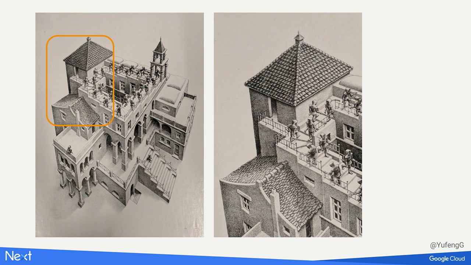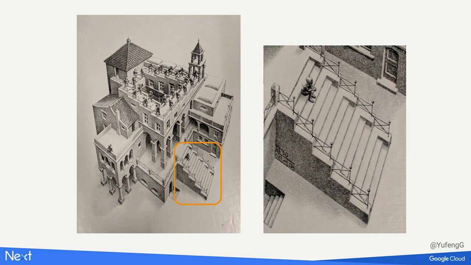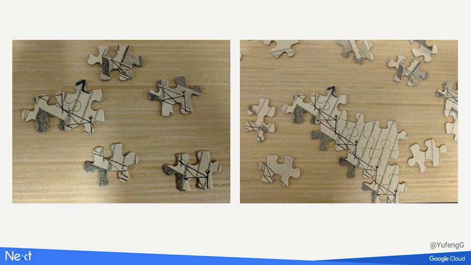I can go and find the pieces that look like this pattern. And boom, I can piece that together. Then I can say, well, these stairs, they got some of these parallel lines going, and the railings have these X's on the banisters. I can use that to my advantage and find pieces that are of that shape. And then put that together.